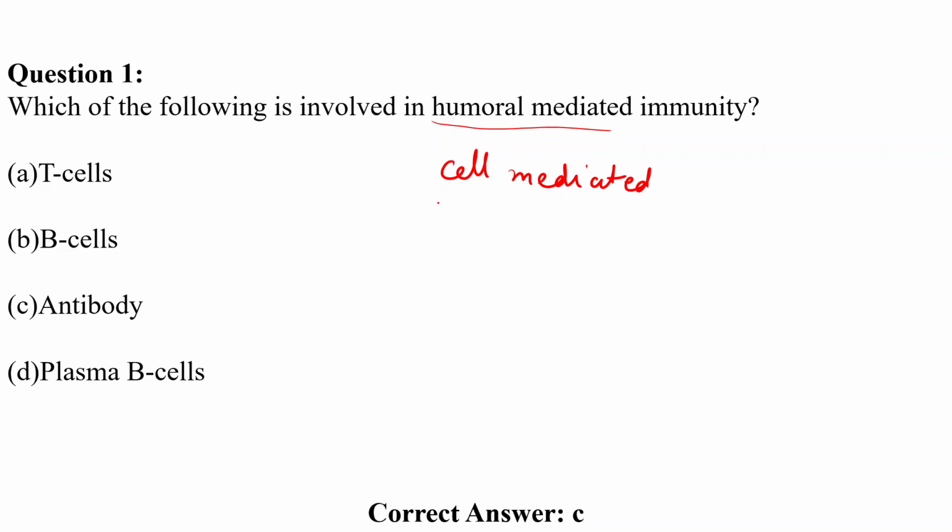And all the cell related immunity, so the immunity that arises from the T cells and B cells, is basically the cell mediated immunity. B cells are the source of antibody, but the immunity that arises directly from the B cell comes under cell mediated immunity. Okay, so we have T cells and B cells.